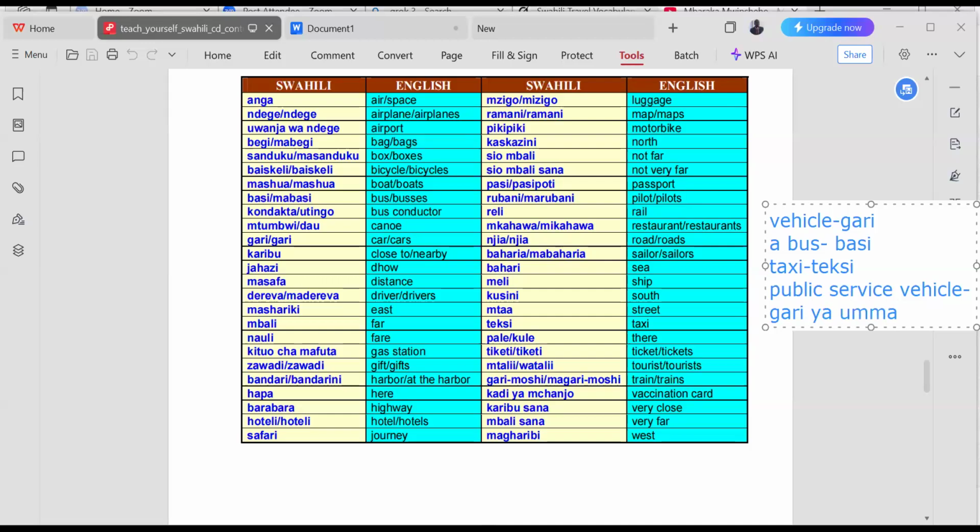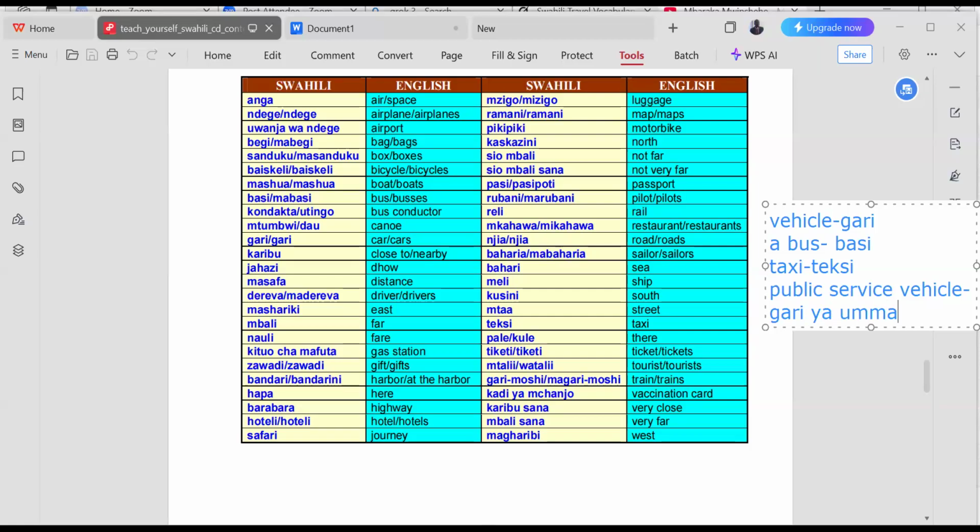English ends with the vehicle, so we start with that vehicle, gari. So gari ya umma. Umma is public. Ya means belongs to. So that gari belongs to the public. Gari ya umma, which is a public vehicle. So those are what you can use.